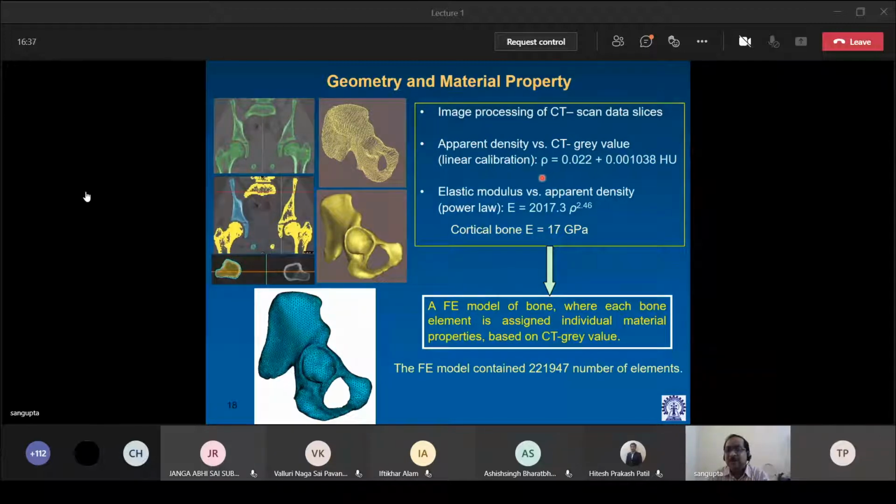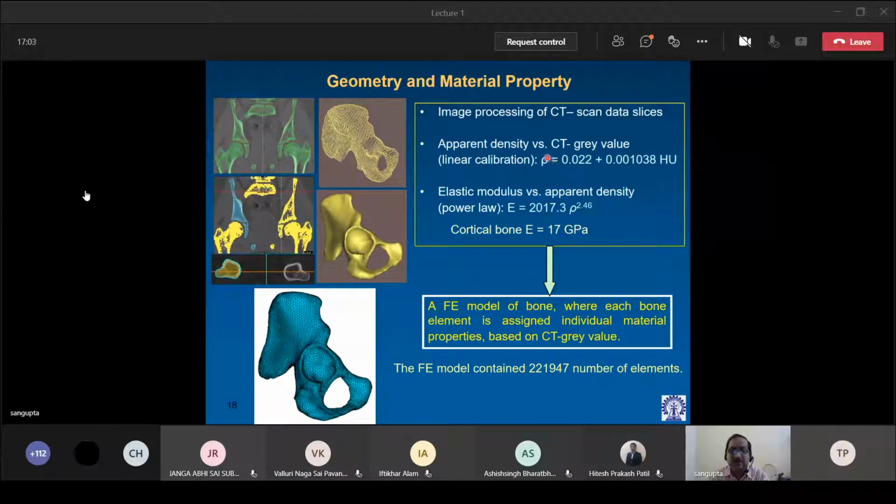Basically, the first point is the 0 point, and the last point is important here. It is the highest Hounsfield value, or CT gray value in Hounsfield unit, of the cortical bone. Okay, the maximum value. Between these two, we can fit a line. So we do a linear calibration and find out anything in between that range.